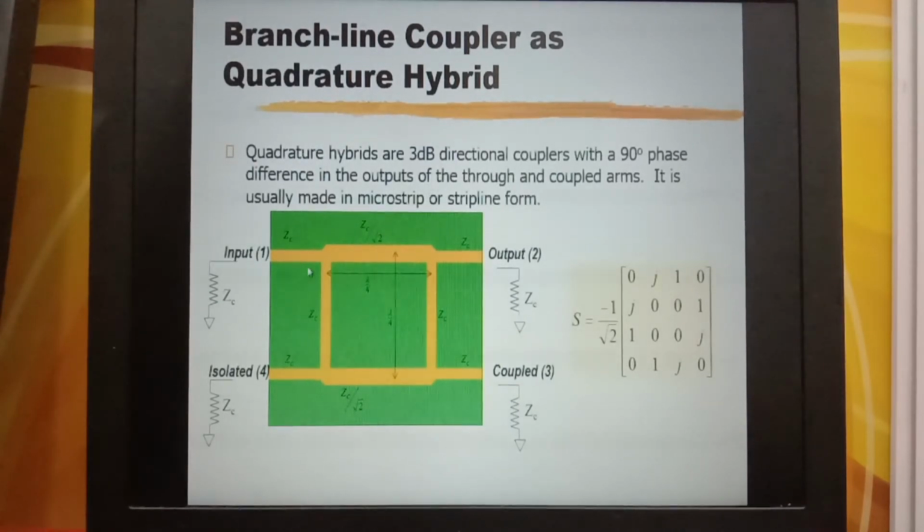That means the signal that goes from port 1 to port 4 through 1 quarter wave line and the signal that is transmitted through 3 quarter wave lines to port 4, these two signals will have a phase difference of 180 degrees.